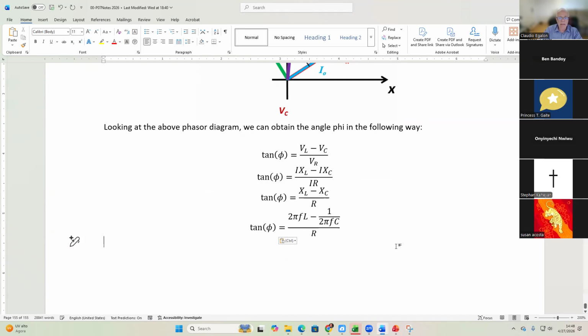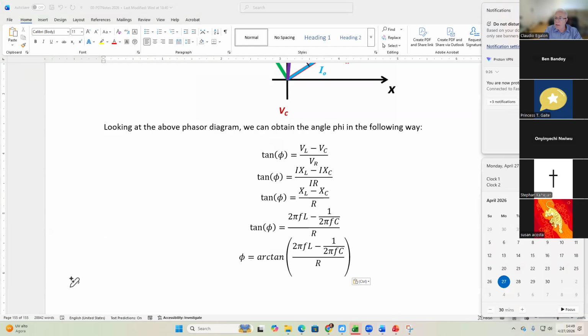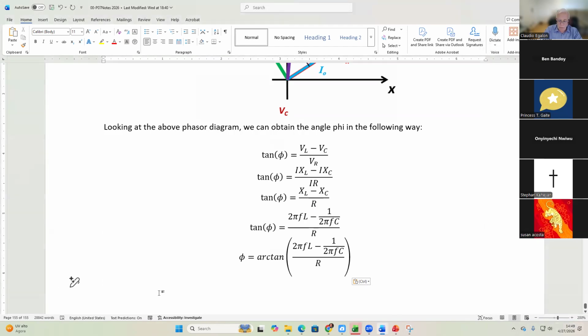You can solve it just using geometric arguments. And then phi is going to be arctangent of that. Any questions about that?